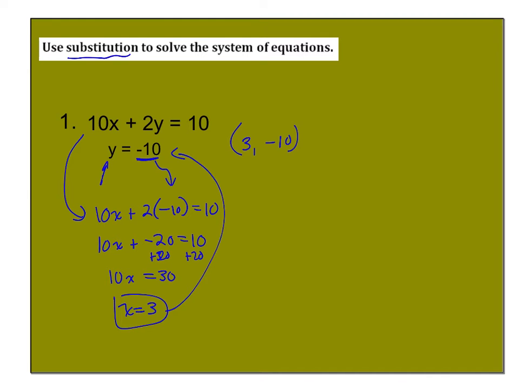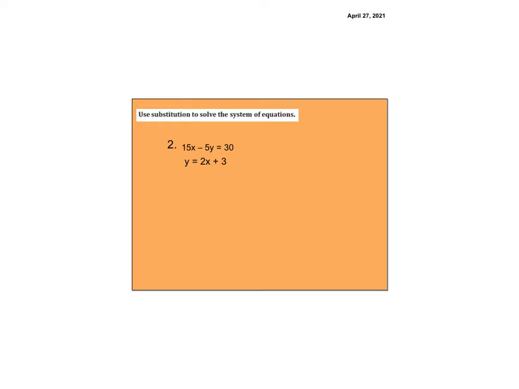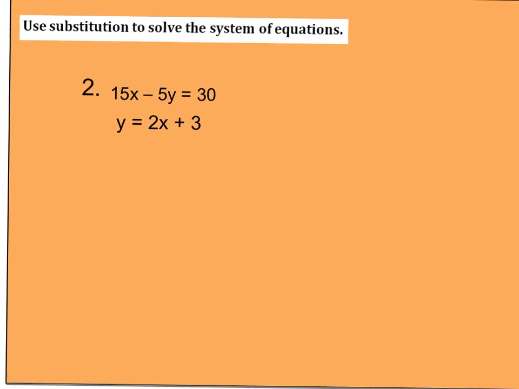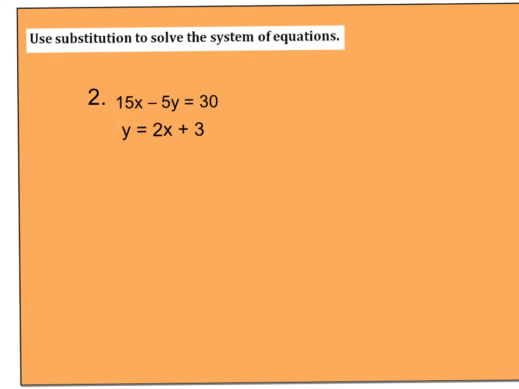All I'm doing is isolating one variable. In this case, it's already done for me: y is by itself, so now I'm trying to figure out what x is. So I'd substitute in. This one gets a little trickier, because y is still by itself, but y doesn't equal a number that's easily distributed.